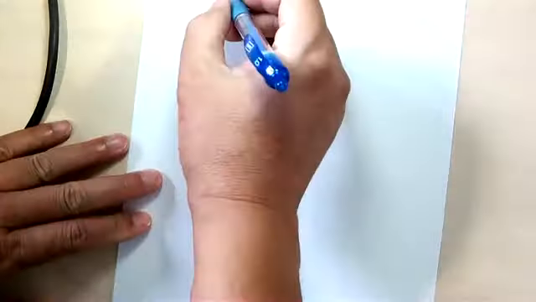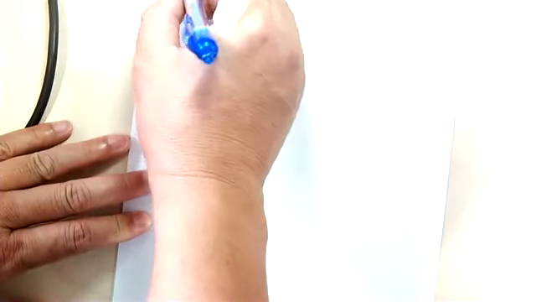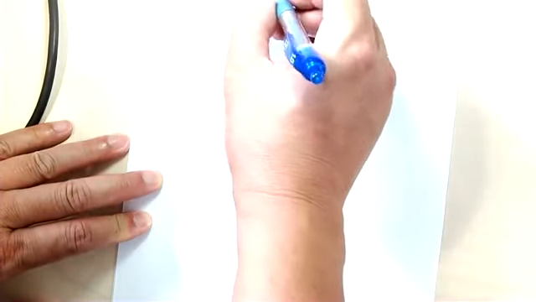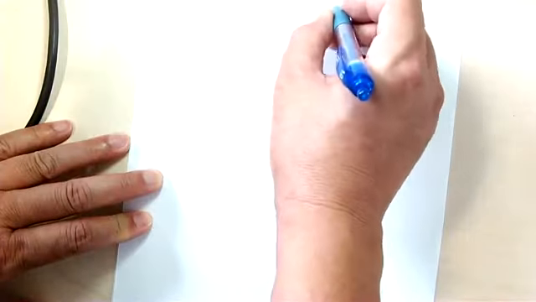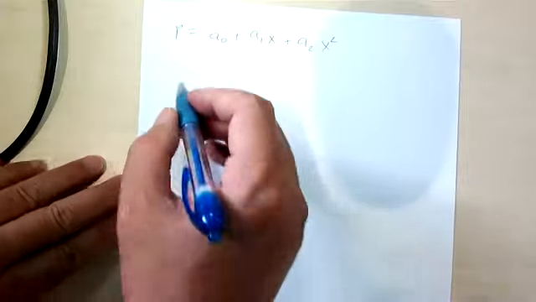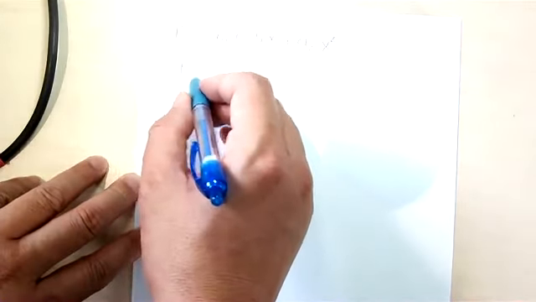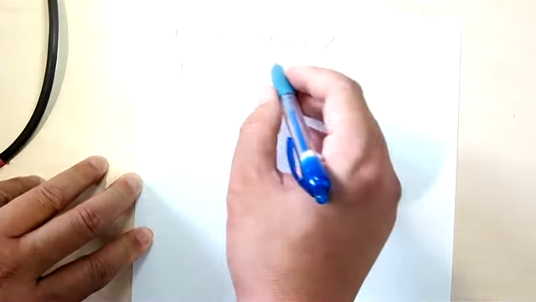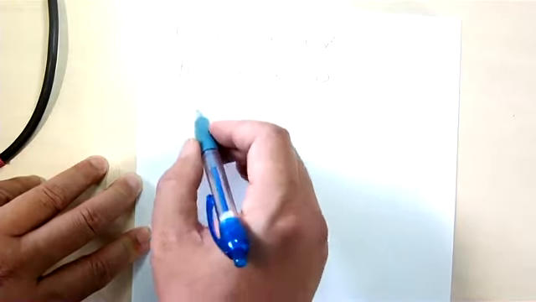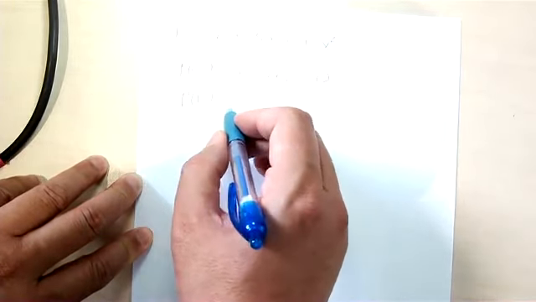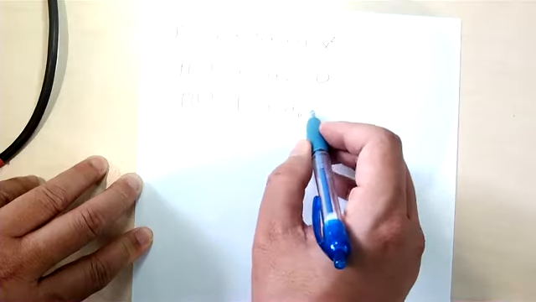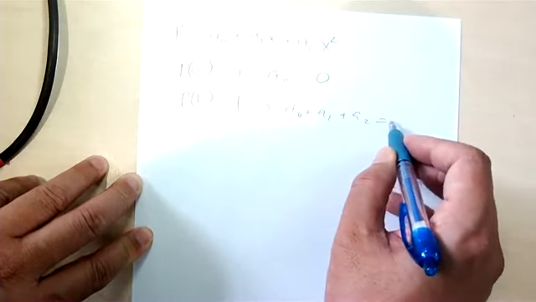Here you have a0 plus a1 x plus a2 x squared, right? And then p(0) equals 0, so a0 just equals 0. And then p(1) equals 1, so a0 plus a1 plus a2 equals 1.